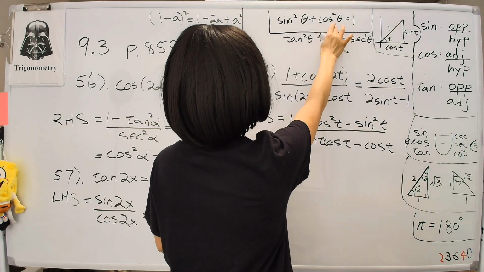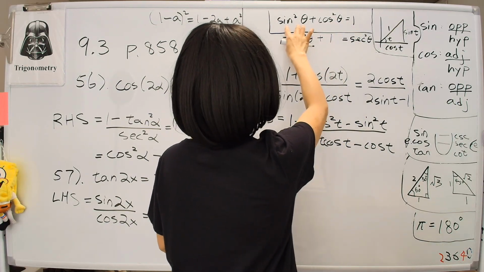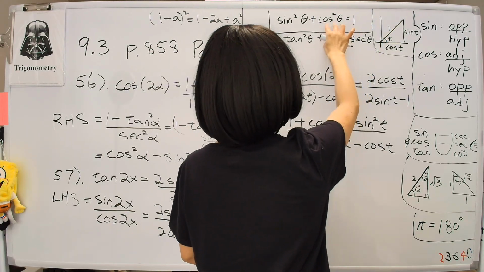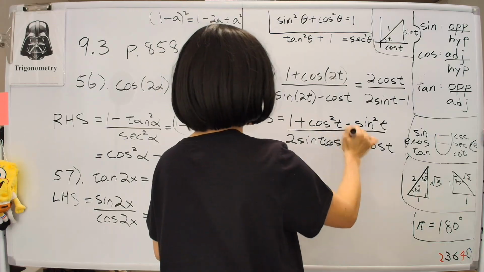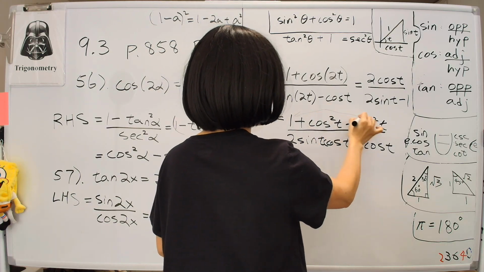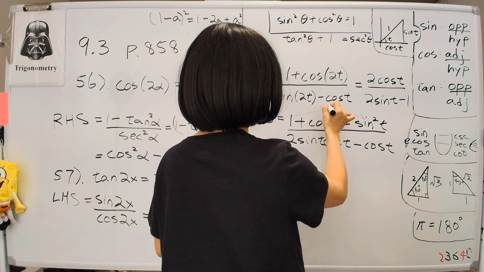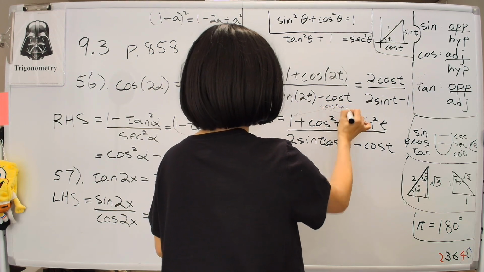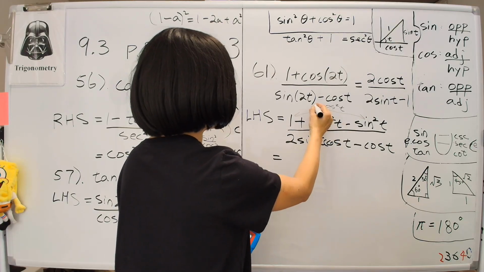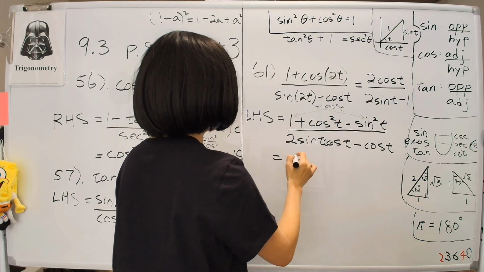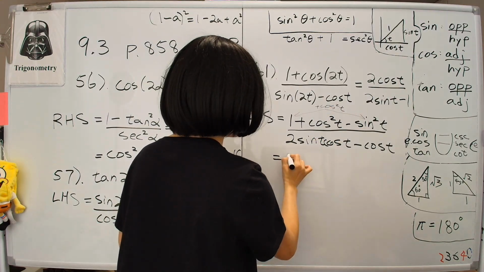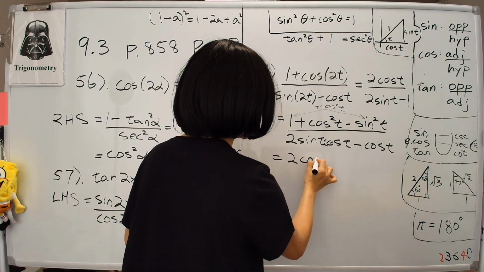From the Pythagorean theorem, if we move the sine squared over, 1 minus sine squared theta equals cosine squared. So together these two become cosine squared t. Then the top becomes cosine squared t plus cosine squared t, so the top becomes a total of 2 cosine squared t.